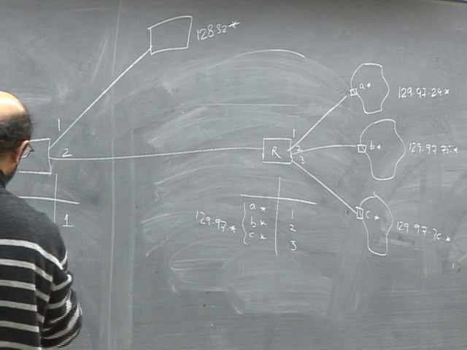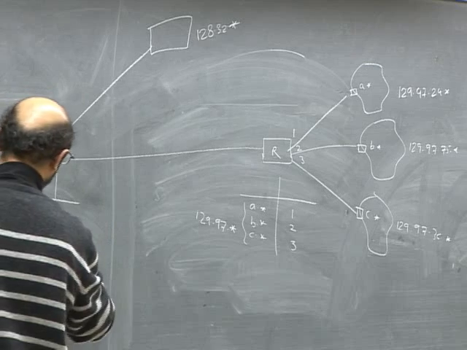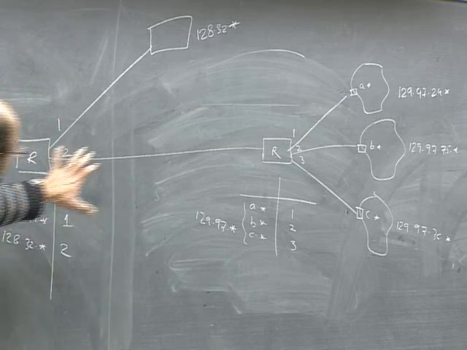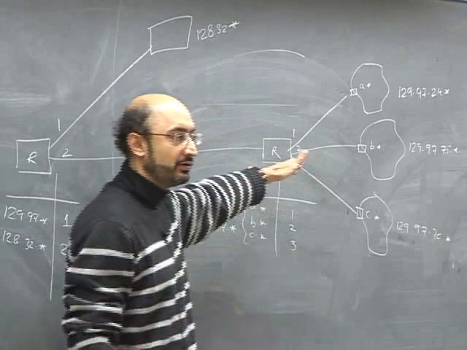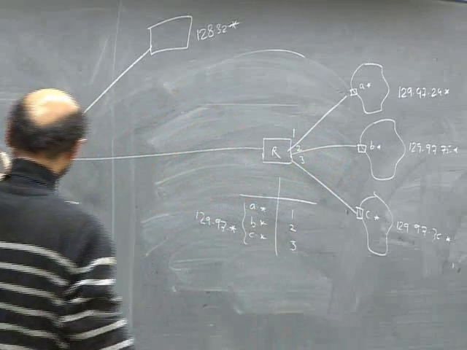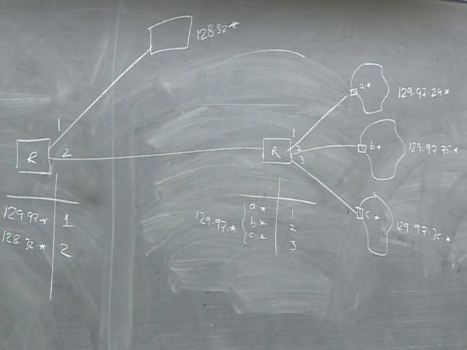If it's 128.32 star, send it to 2. That's the table at this router. 129.97 is Waterloo. Inside it we have tens of thousands of addresses, but this router needs only one entry to get there.